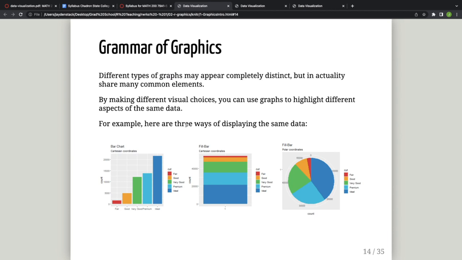Okay, and so whatever the task that you have at hand is going to dictate the way in which you are going to display your data, right? So let's say you're trying to show a difference, in this case, in cuts, right?